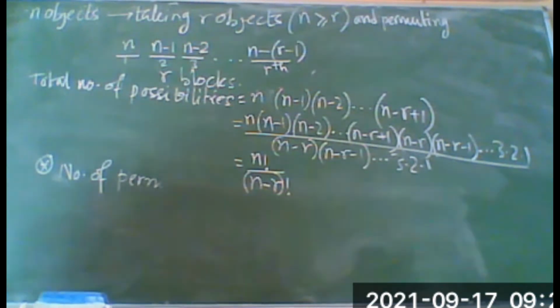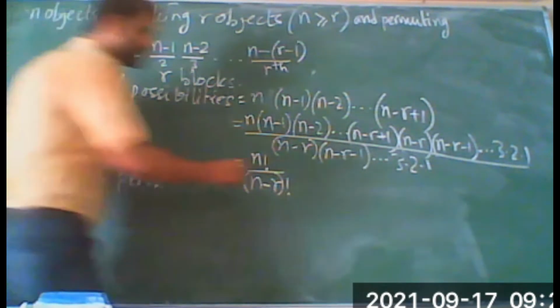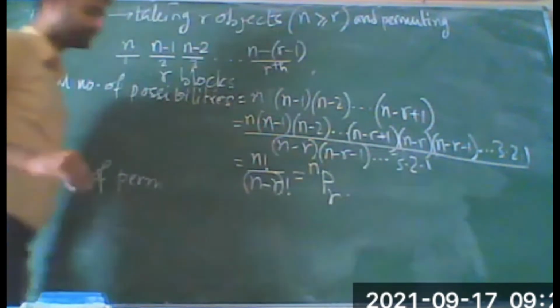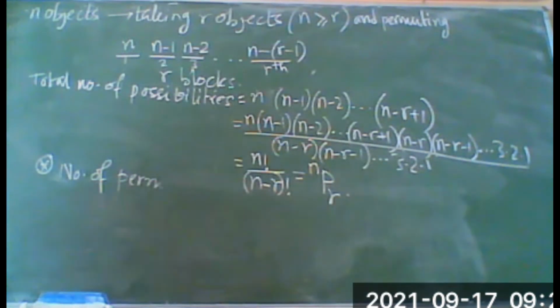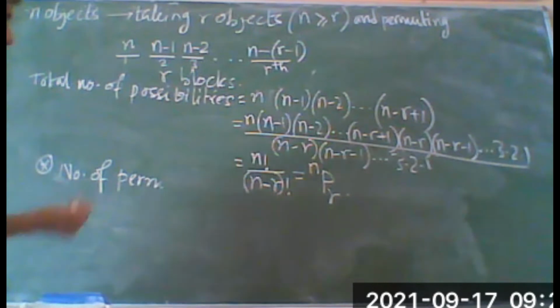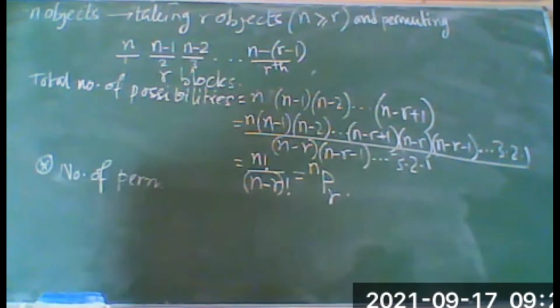So this is the number of permutations of the R objects taken from N. This particular expression is denoted by the symbol NPR. NPR means the number of permutations of R objects taken from N distinct objects.